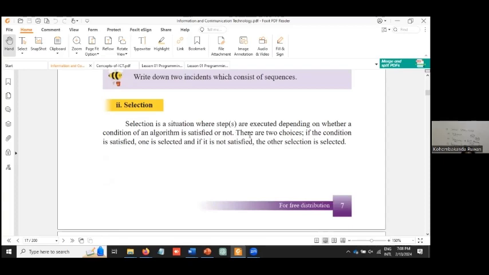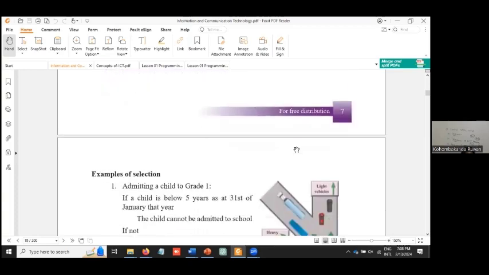There are two choices. If the condition is satisfied, one is selected, and if it is not satisfied, the other is selected. See the examples.